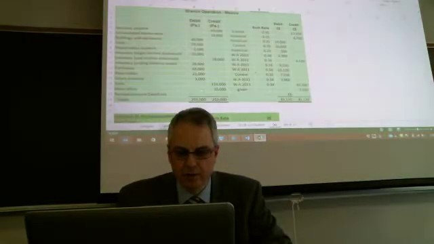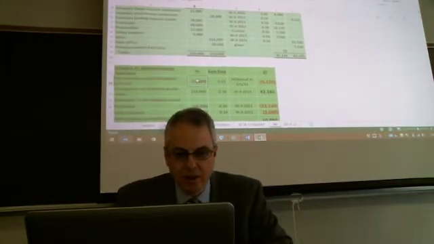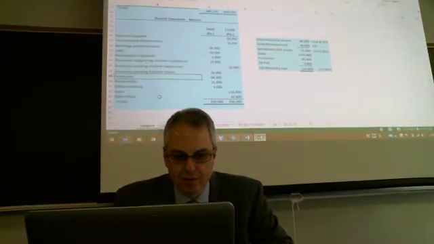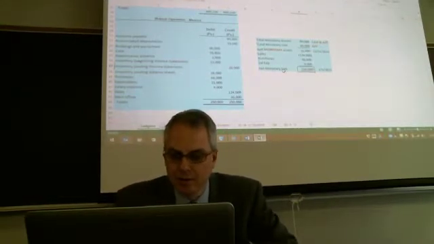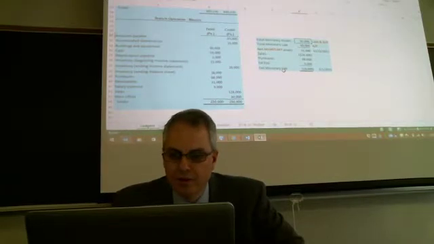Let's see. Did they give it to us? Oh, it's equal to ledger F37. There it is there. So total monetary assets is equal to B34.